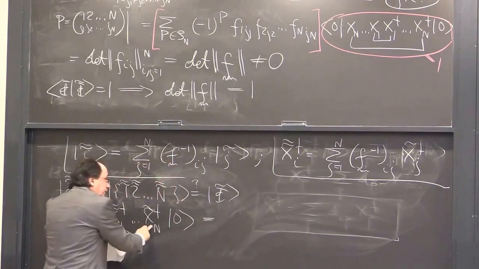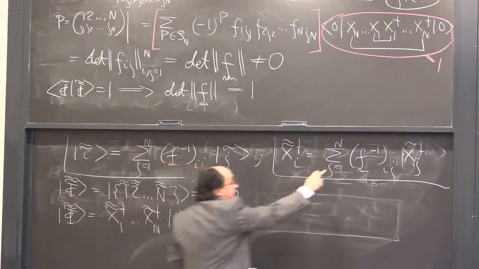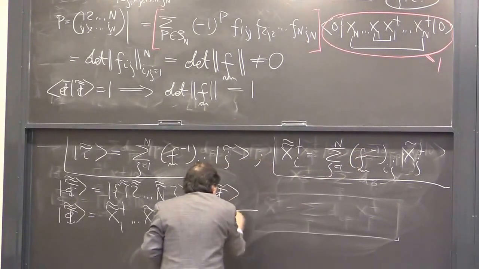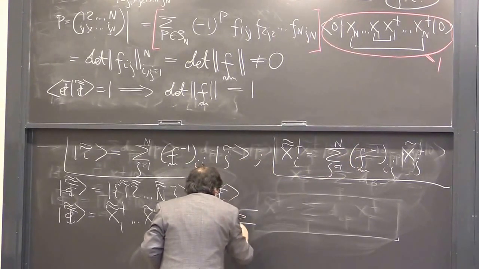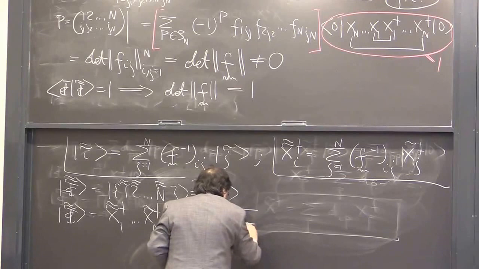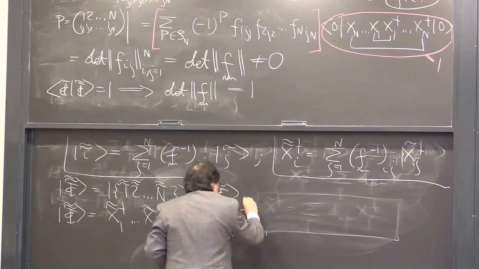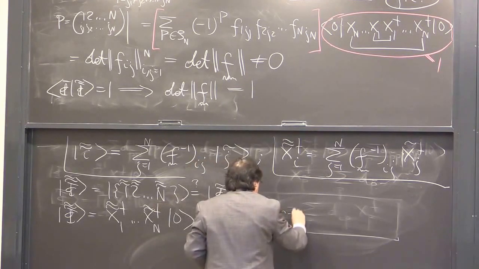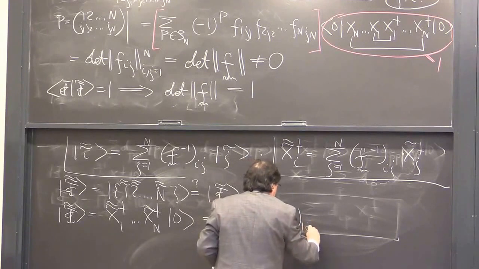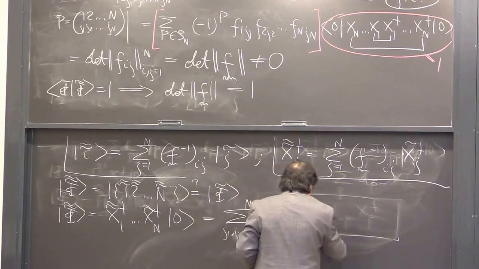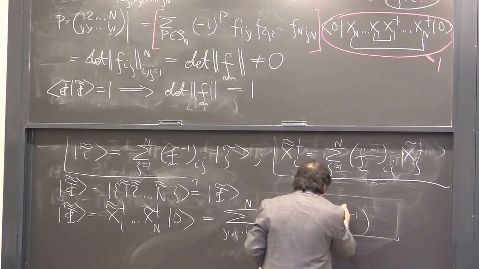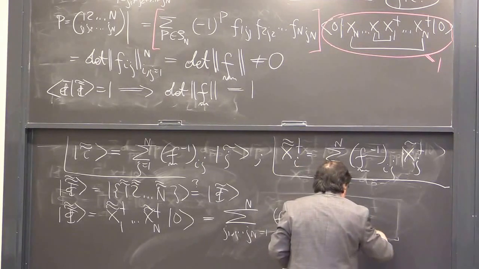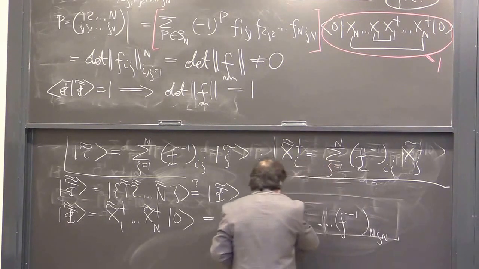So what do we have? From each double tilde creation operator, we end up with a summation over j. So I'll end up with multiple summations over j1 through jn, all running from 1 to n. We have f to the minus 1, 1 j1, through f to the minus 1, n jn.